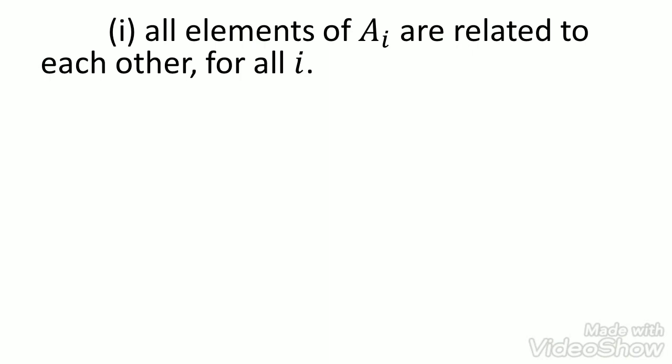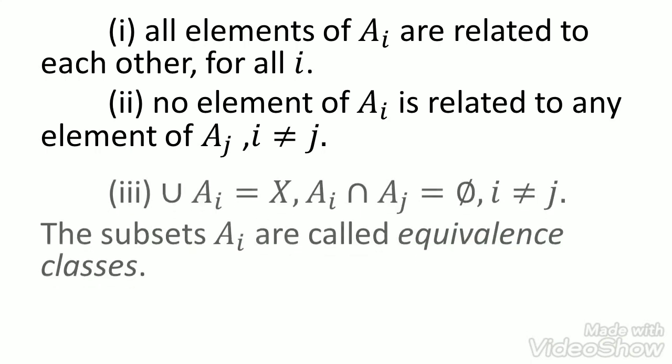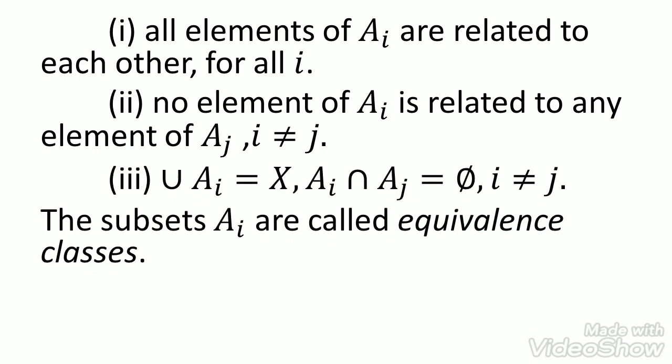All elements of Ai are related to each other for all i. No element of Ai is related to any element of Aj where i is not equal to j. The third one is the union of all Ai must be equal to X, where Ai intersection Aj is equal to phi.